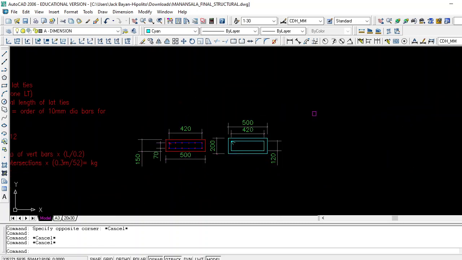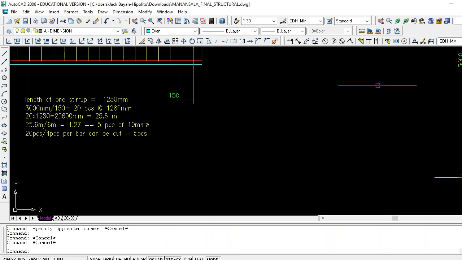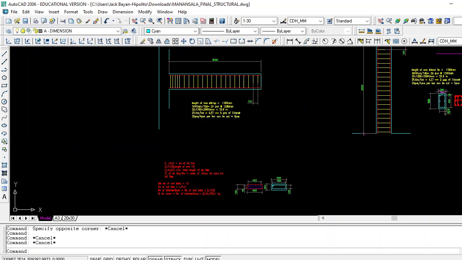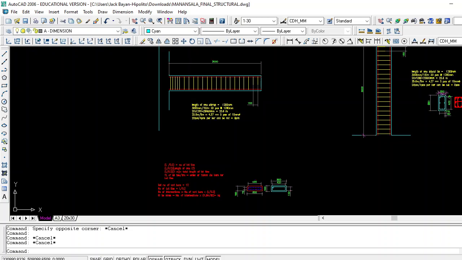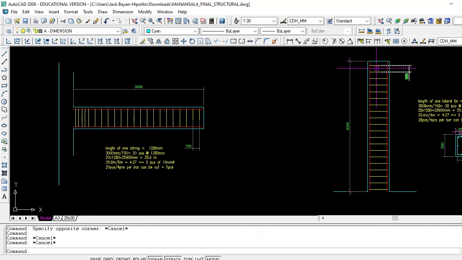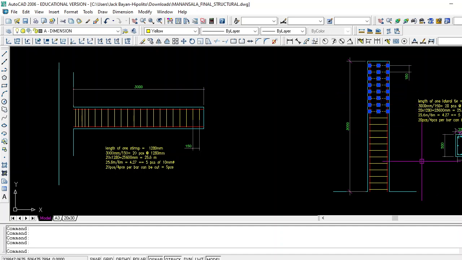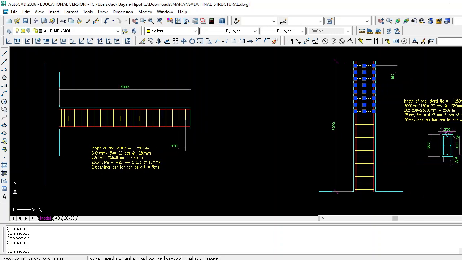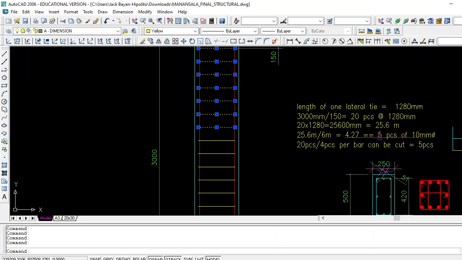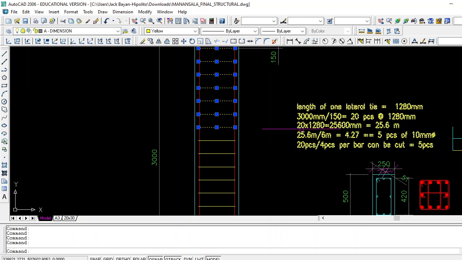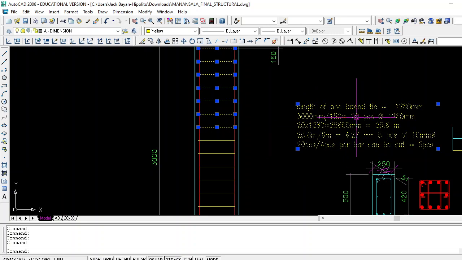And next, after that, you can see for yourself na nung nag-consider tayo rito, how many pieces ng GI tie ay ng lateral ties ang na-involve. Okay? So, kinumpute natin yan. You have the length of the lateral ties, and then you are given that the number of lateral ties is 20.